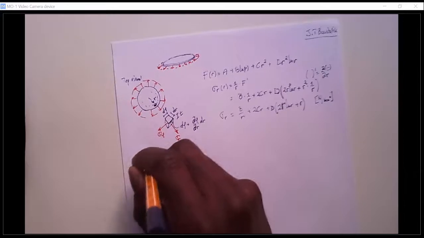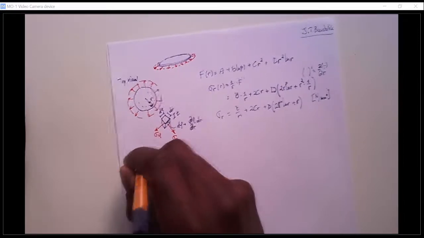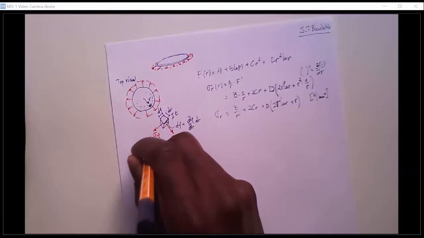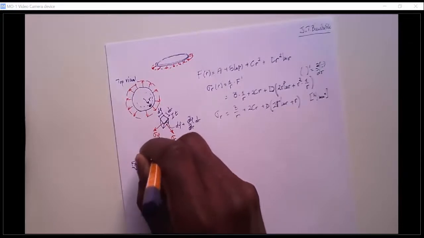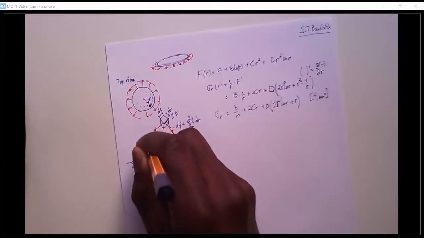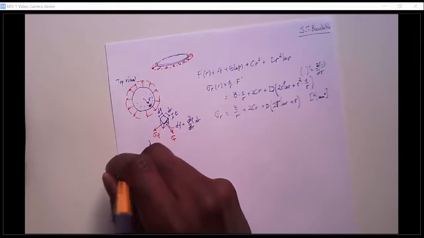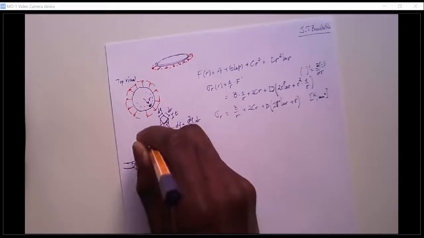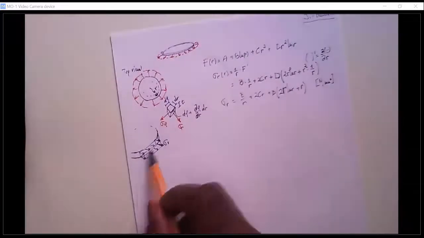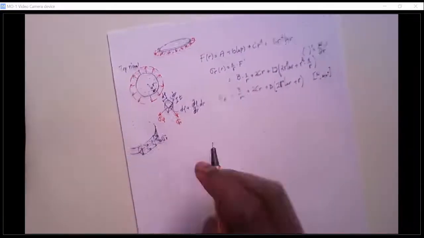Let's say if we had to draw it properly, sigma r would be something like this on the disk, if this is a disk, let's say on the surface of a disk all around.